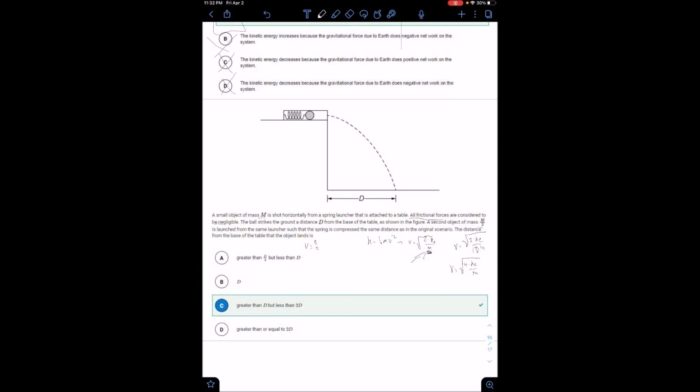If we were to break it up, we would get v equals the square root of 2 times kinetic energy over mass. So that means that we have an increase factor of root 2, right? When the mass over 2 is there. So it's greater by root 2. So our only answer choice is C.